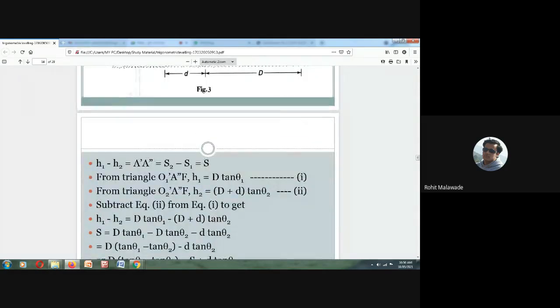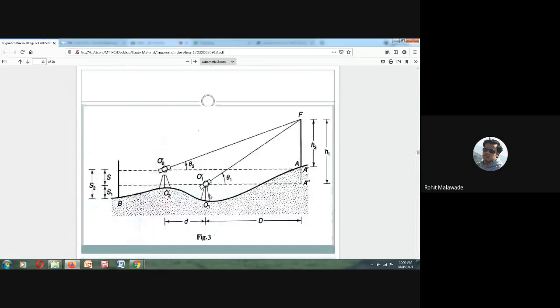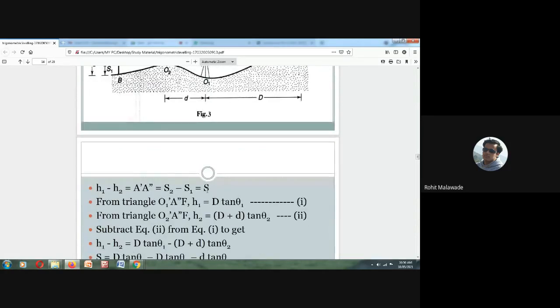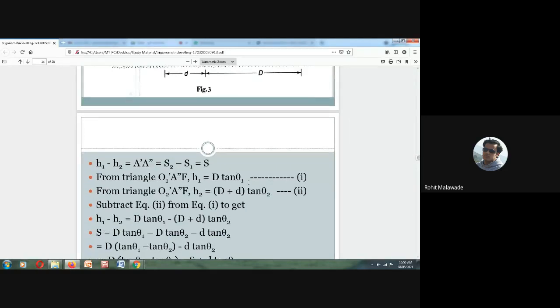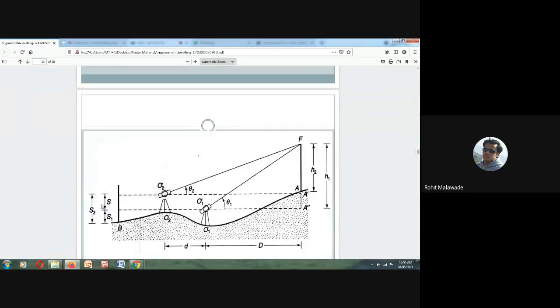Now H1 and H2, we already know that this is equal to S. From the triangle, we get d tan theta 1, and again from theta 2, the height H2. This is your H1 and this is H2.